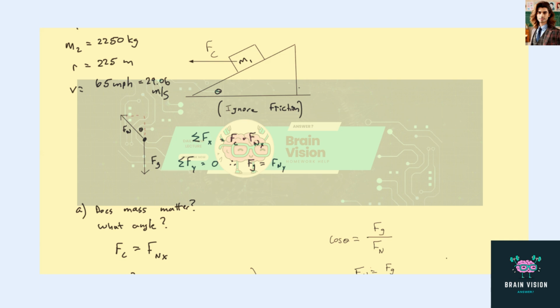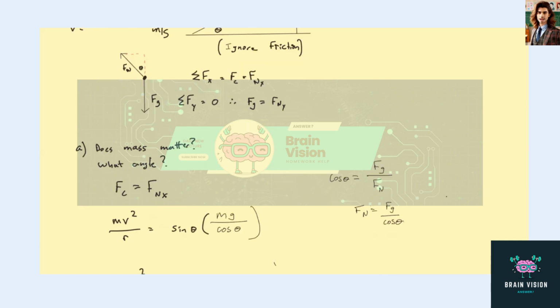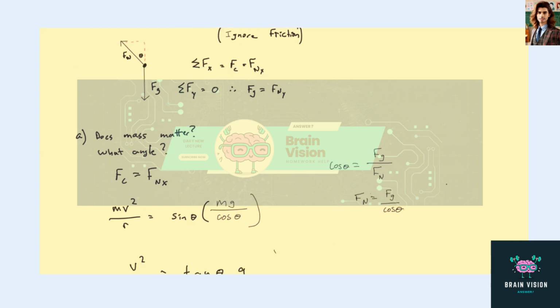So the Fg has to equal Fny. So that means that we could figure out what the total normal force vector is by using this trig function. Cosine of the angle is equal to Fg over Fn. We rearrange that to solve for Fn, then we can make this substitution in our equation over here.